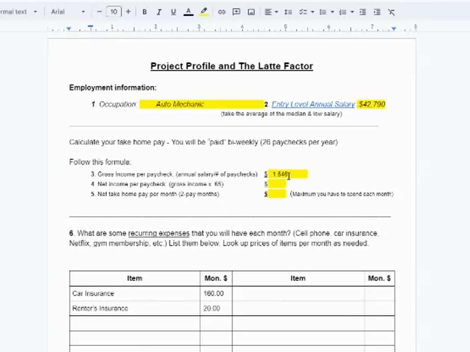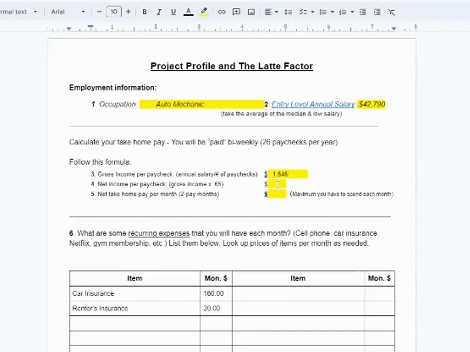So now I have this 1646, and I need to multiply it by 0.65 because you're only going to take home about 65% of your check. Now, when you're making this smaller amount of money, it'll probably be more like 0.70, like you'll probably take home 70%.